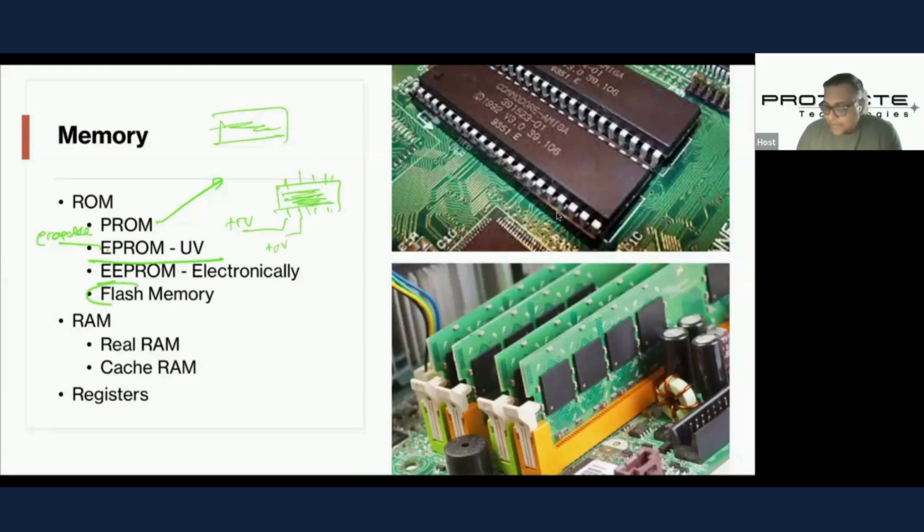Flash memory is actually many EEPROMs built together. Your USB device basically has this electronically erasable programmable read-only memory. Your SSD devices, solid state devices, are EEPROM devices. Then once you look at computer architecture, it has two kinds of RAM. One is the actual physical RAM, called the real RAM, which might be 8 GB or 16 GB.